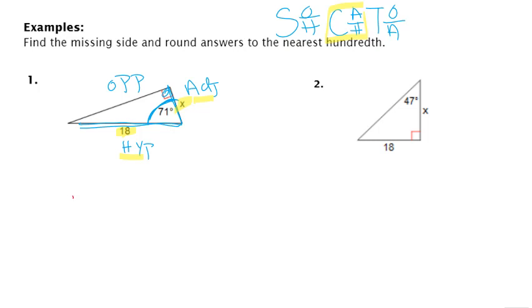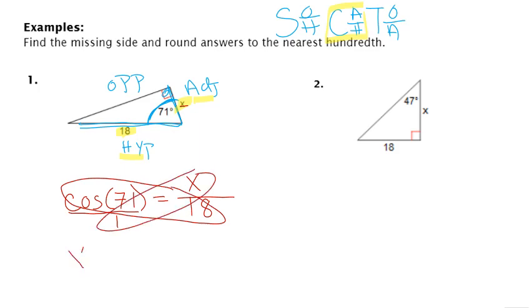So our ratio we're going to do here now is the cosine of 71 degrees, which again isn't 71, it's that if you put in your calculator you'll get a long decimal. Adjacent is x, hypotenuse is 18. And so my setup for this problem would be cosine of 71 is x over 18. And then we're going to go ahead and cross multiply. So I'm going to solve for x.